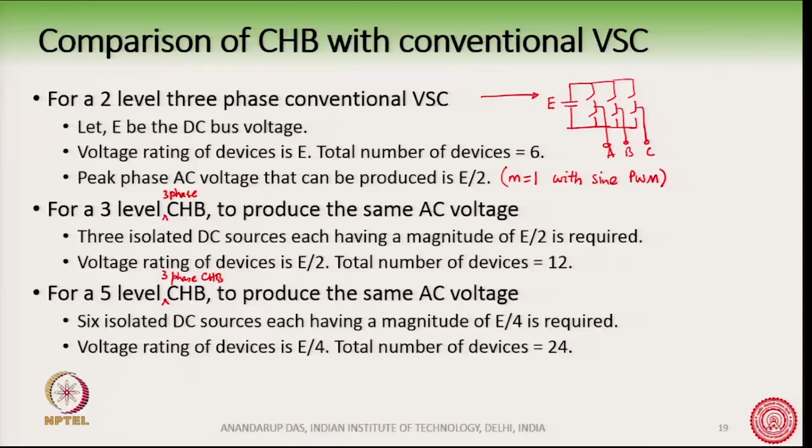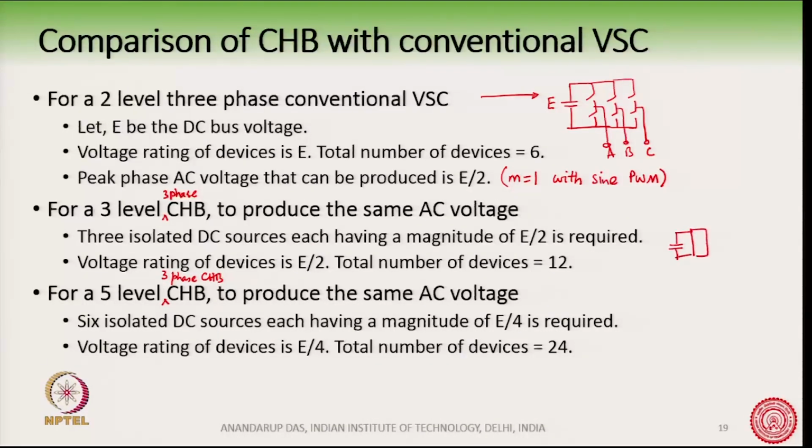For a 3 level 3 phase CHB, if we want to produce the same AC voltage, then we need 3 isolated DC sources, each having a magnitude of E by 2. So, how does this look? It looks like this.